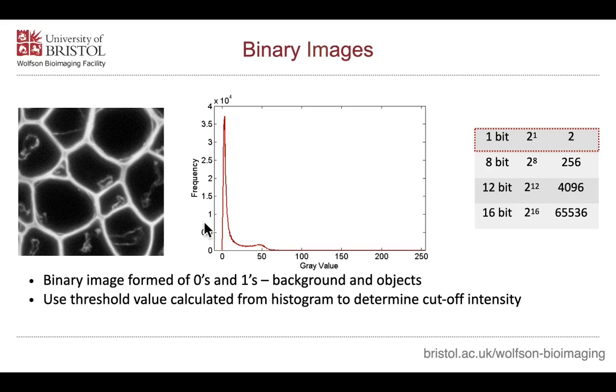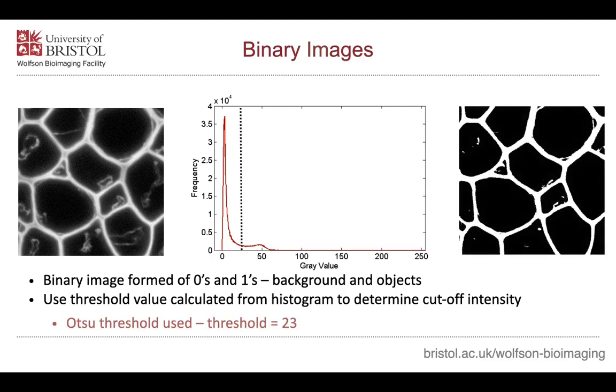This is what a real histogram of an image will look like. You have a really high background peak, and that's just because most of the pixels, when you look at it, are actually background. They're kind of black, or this kind of fuzzy noise. So this is what all this big peak is. All of these really bright bits are really this kind of small hump here. So the threshold for this, when you use the automatic Otsu threshold, comes out to be 23.